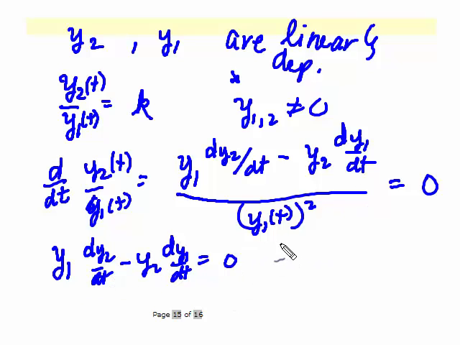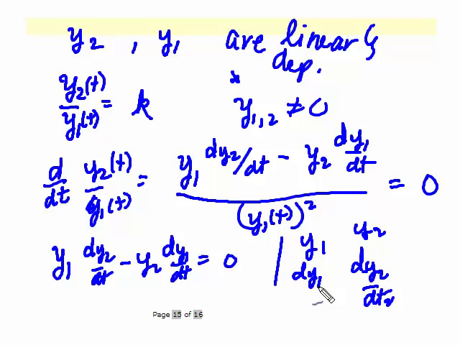Okay, what does this look like? It looks like the determinant of a matrix. You could put the y1 here and dy2 by dt here, and here's your y2 and dy1 by dt. This is the Wronskian. Now, it could equal 0 or not. If these are linearly dependent and they are equal to a constant, this will be 0. If this is not 0, then we know that this did not hold.